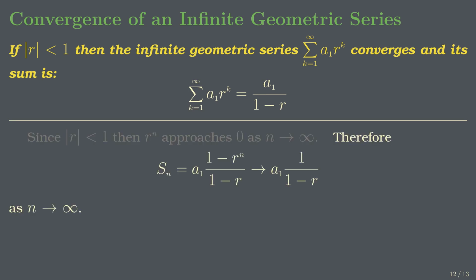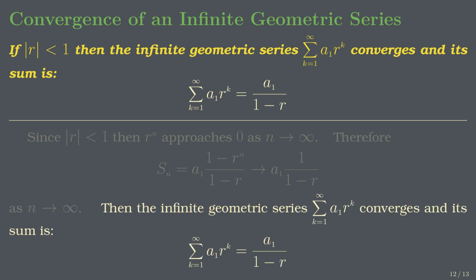For that reason, because Sn is equal to a1 times 1 minus r to the n over 1 minus r, and r^n tends to 0, in the numerator you only get 1 when n tends to infinity. So Sn approaches a1 times 1 over 1 minus r as n tends to infinity. So actually this gives us the desired property.